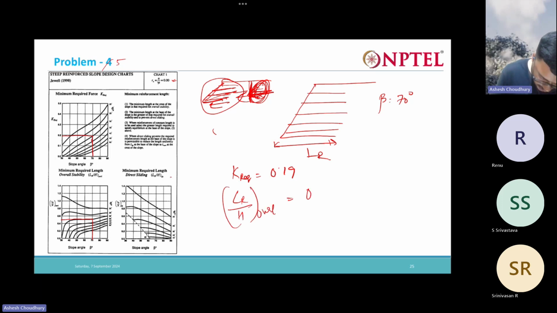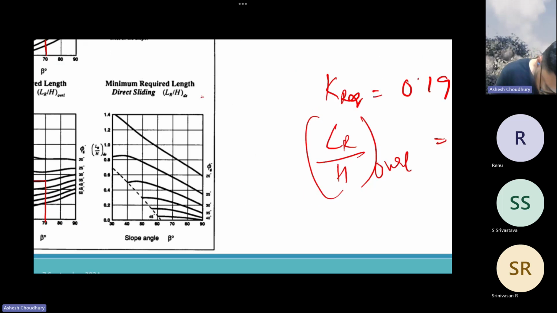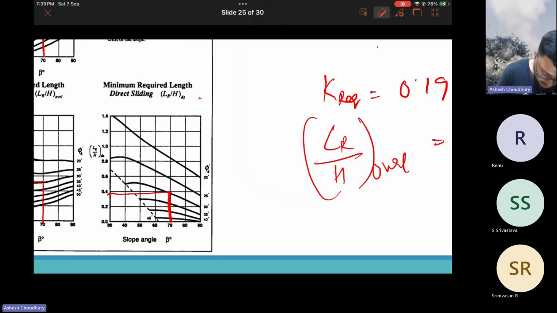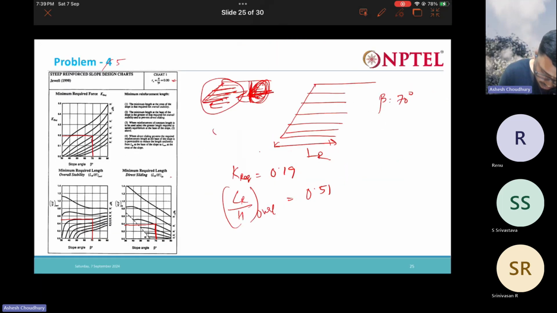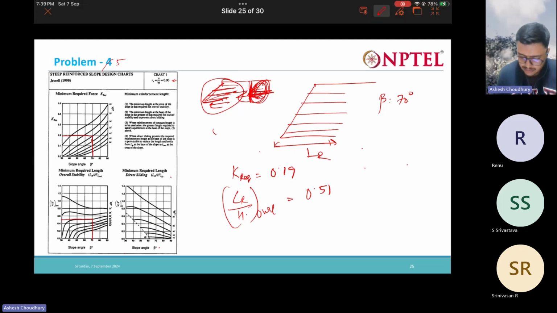Overall it is 0.51, and the last one from here, this PowerPoint is such a bad software.